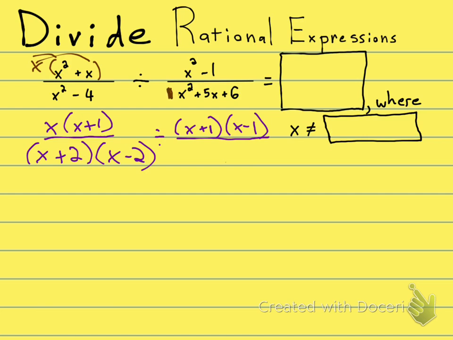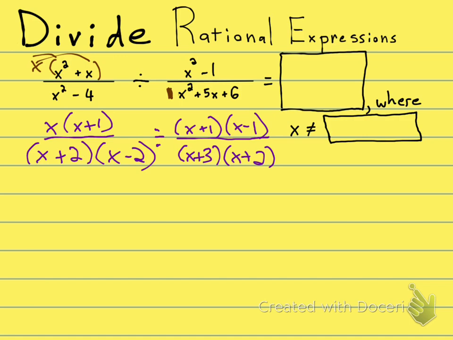So I can just go straight to my two binomials, and my first two are going to be x and x. That's how I get the x squared. The last two will multiply to give me 6 and add to give me 5, so that's 3 and 2. Plus and plus.